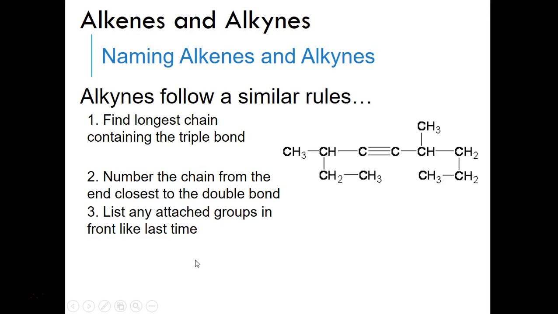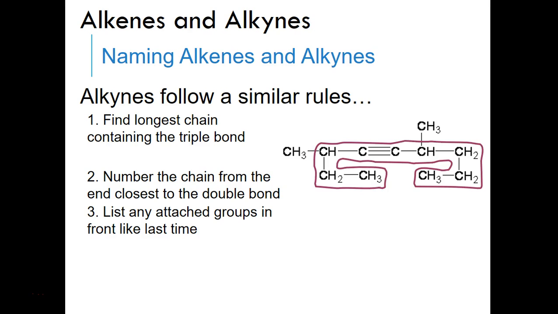So let's talk about triple bonds now, our alkynes. The rules are pretty much similar. You want to again find the longest carbon chain that now contains the triple bond, number the end closest to the triple bond, and then list any attached groups just like last time. Again, this is a really long carbon chain.